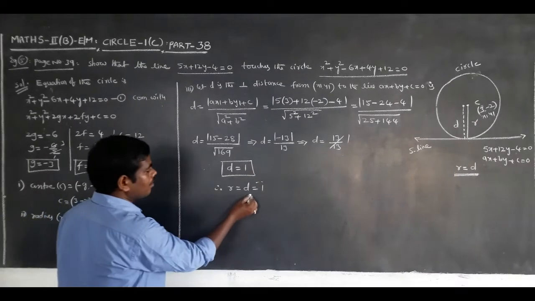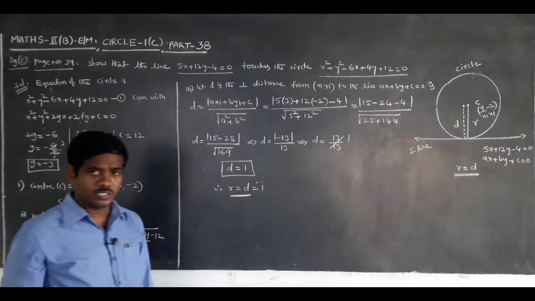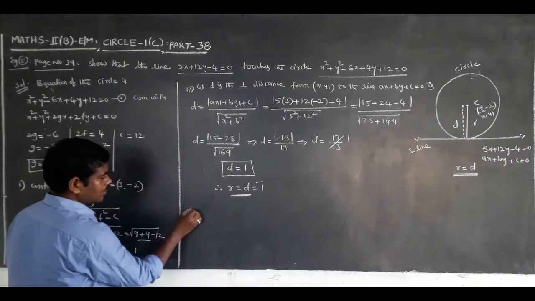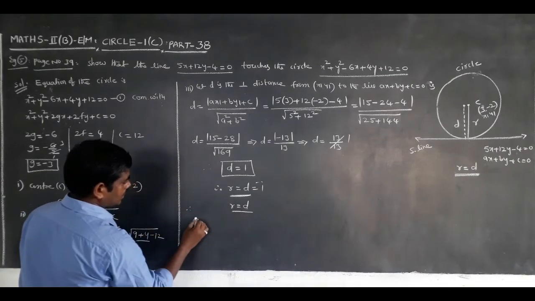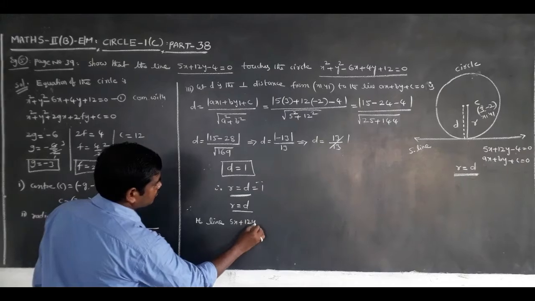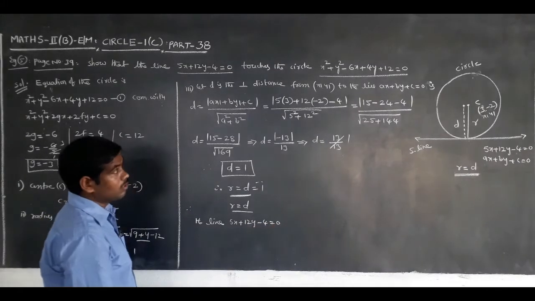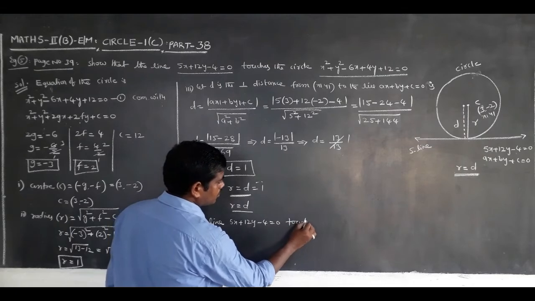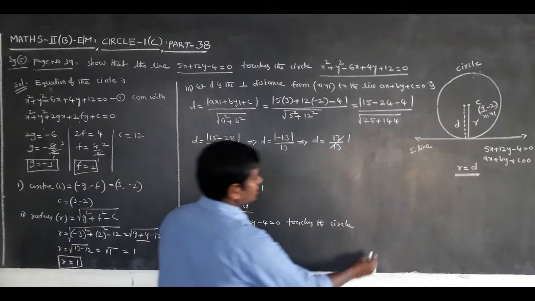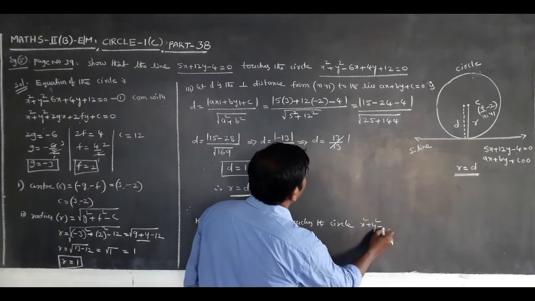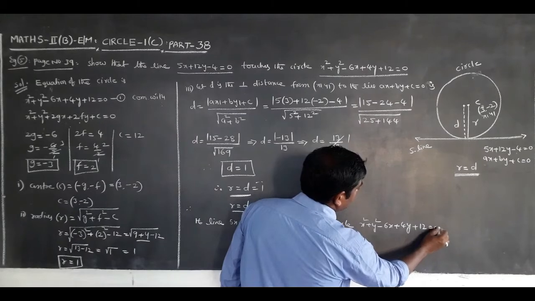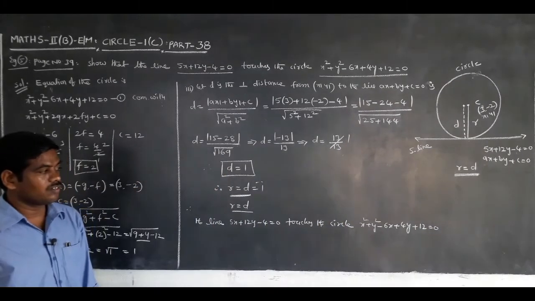Then we prove that R is equal to D. So the line 5x + 12y - 4 = 0 touches the circle x² + y² - 6x + 4y + 12 = 0.